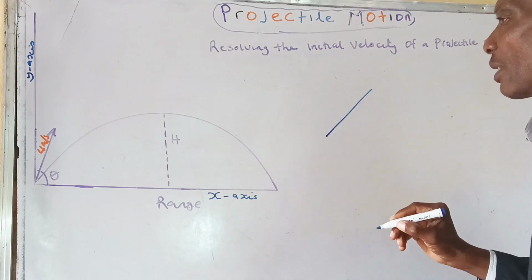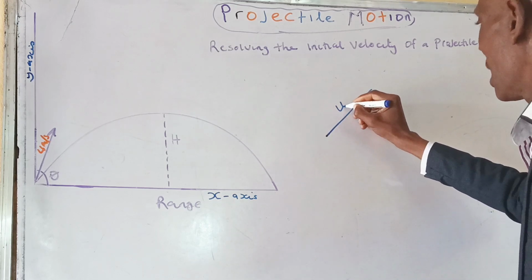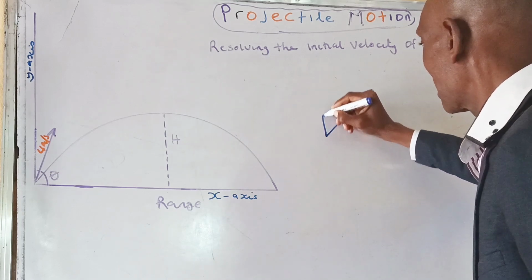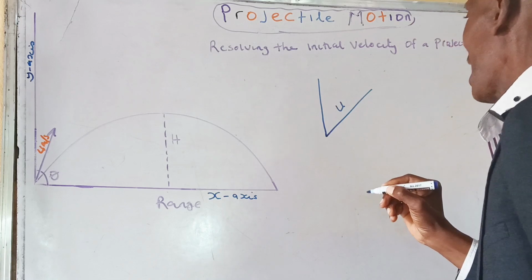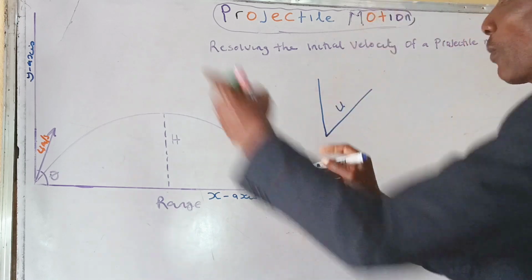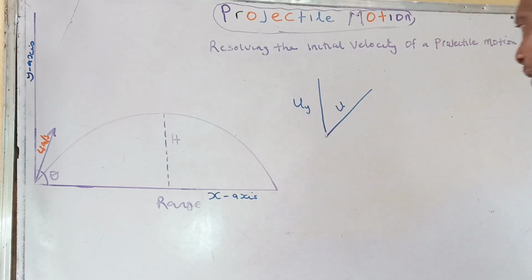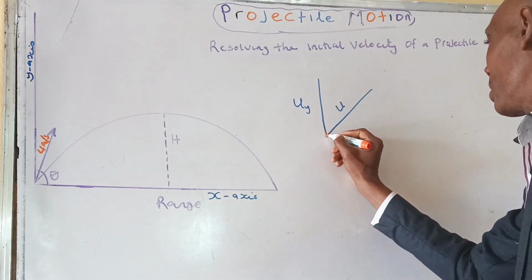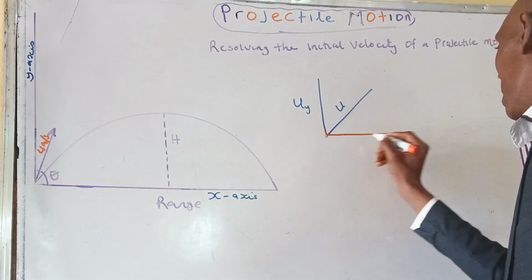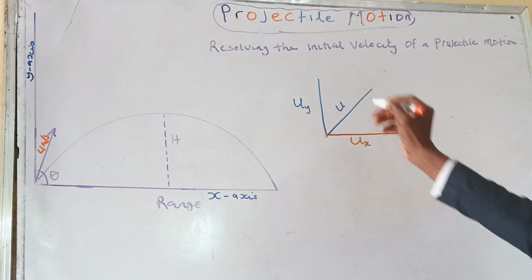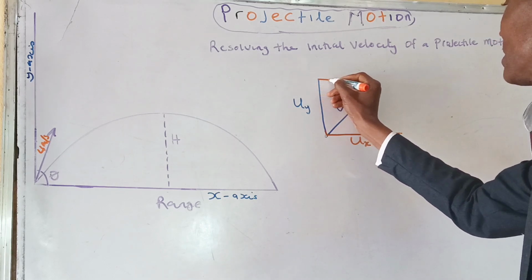This is my initial velocity, which is u, and then the vertical component will be something like this. This is my vertical component, and since it is vertical, we've agreed it's going to be uy, and then the horizontal component will be ux, and I could just use geometry to complete this.